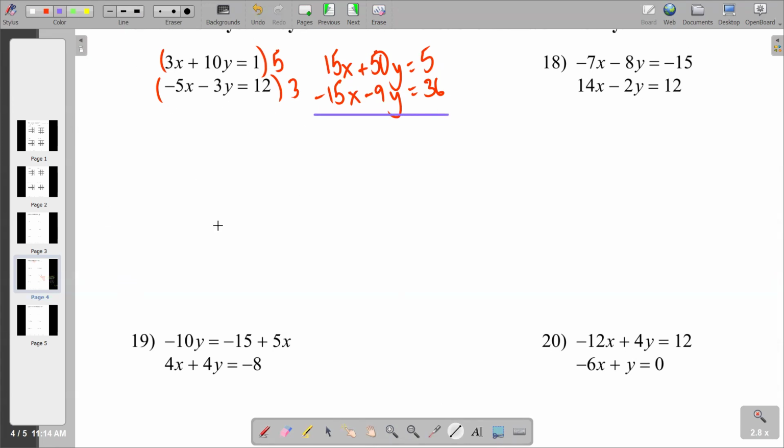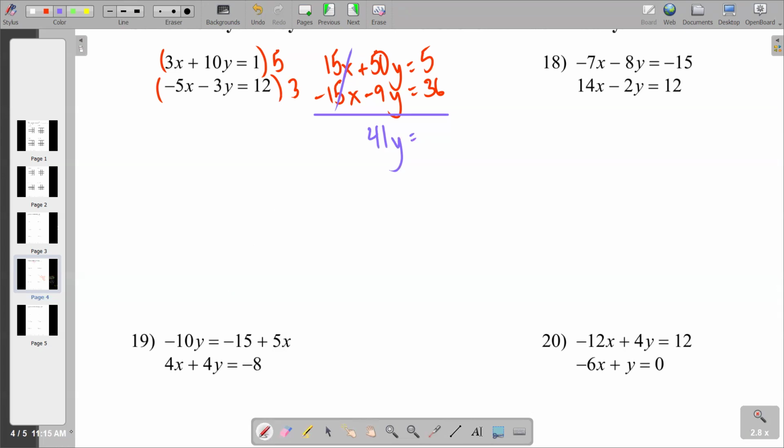You made a system where if we add downwards, something really good happens, right? The X's cancel. How many Y's do you get? Yep. And that's concerning when you get a number like that. But just like on the last problem, the number on the right is going to make us feel better because what's 5 plus 36? Then it's 41.